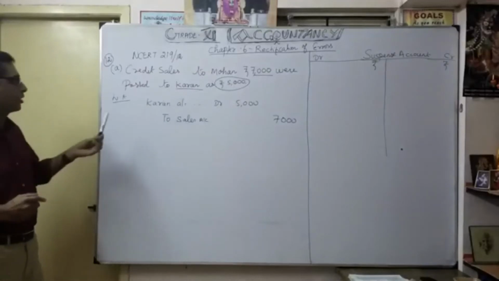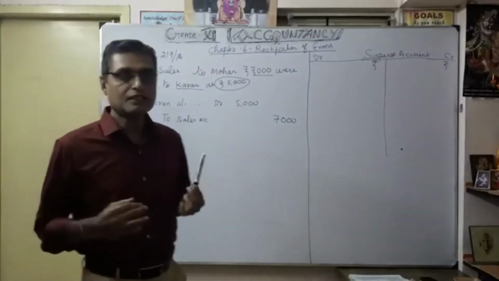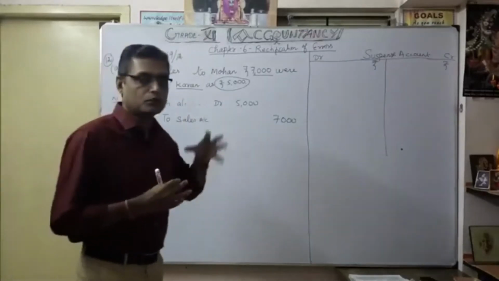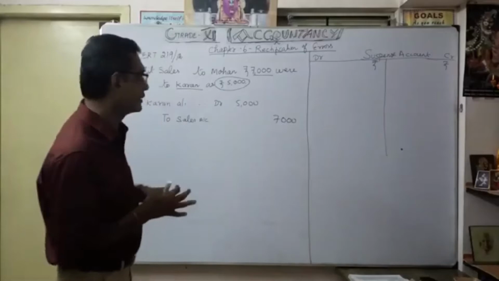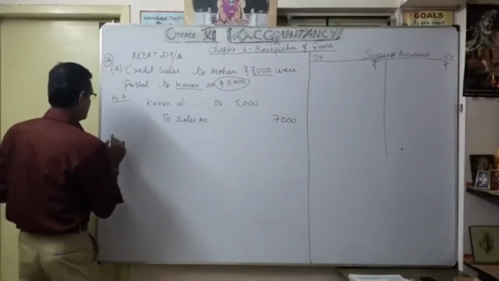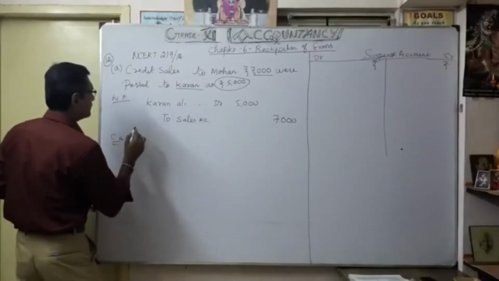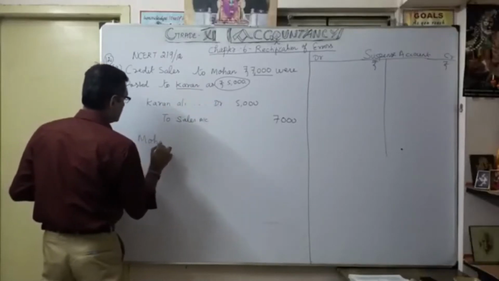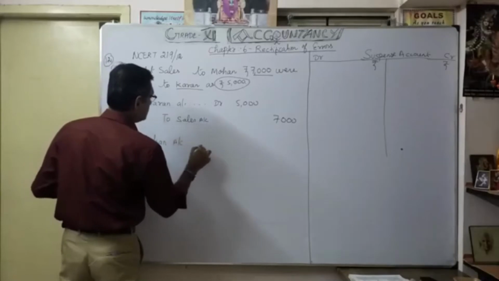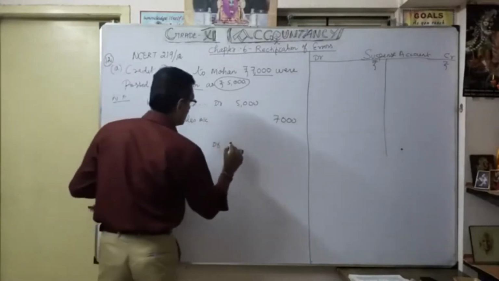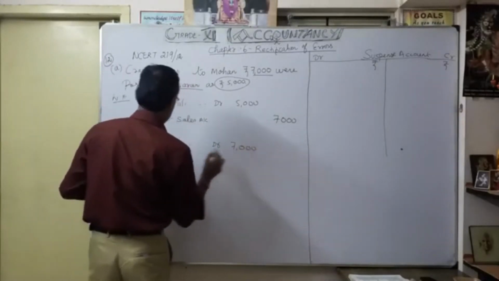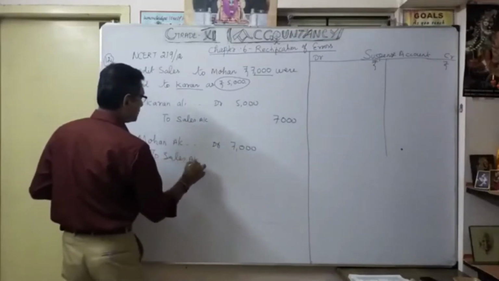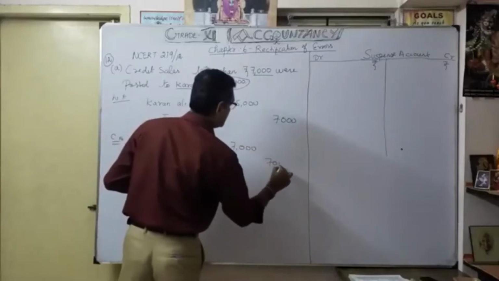That is the wrong entry. Actually we made sales only to Morgan. We were supposed to debit Morgan account, but wrongly debited the current account. So the correct entry is Morgan account debit 7,000 to sales account 7,000.